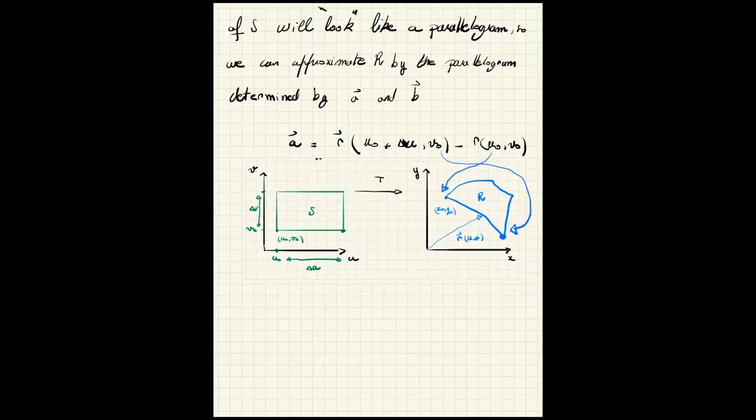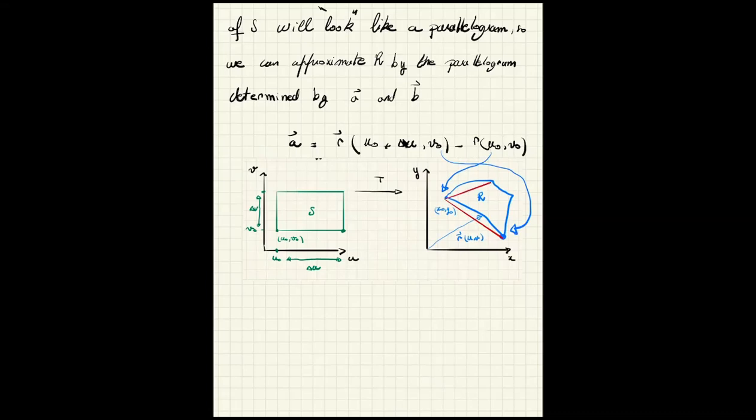So we are talking about this line here. Let me use the same color. We're talking about this line here, that this is A. And we do the same thing for the other.